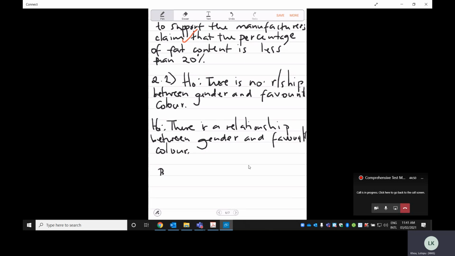So I have boys here, I have girls here. I just want to include the totals. I have blue, green, pink, and I'm extending the table to show the totals.